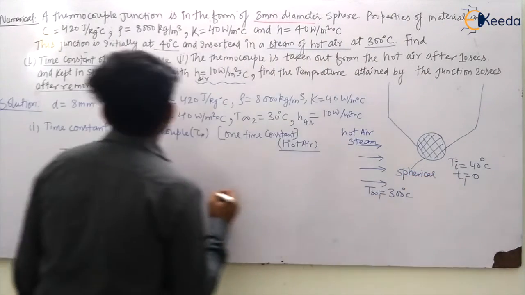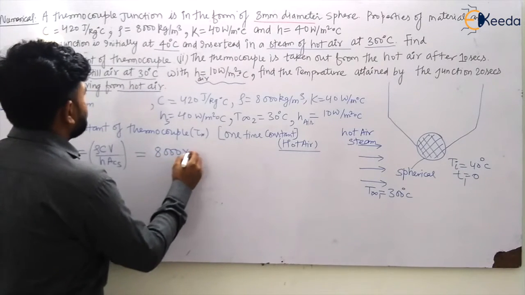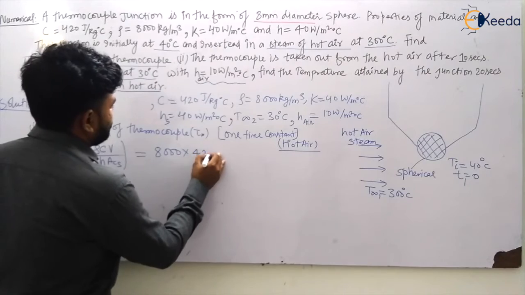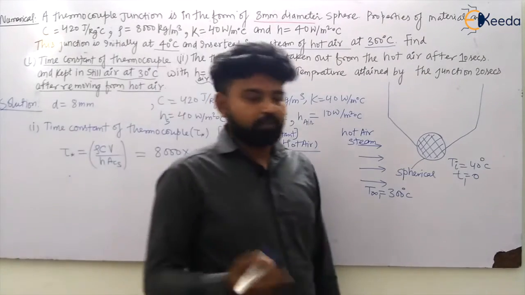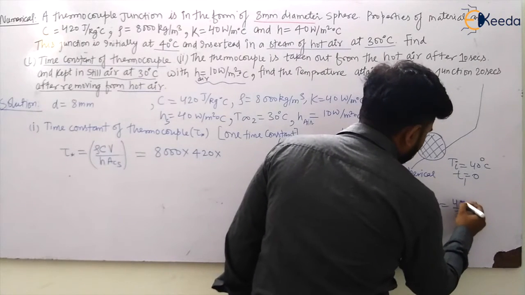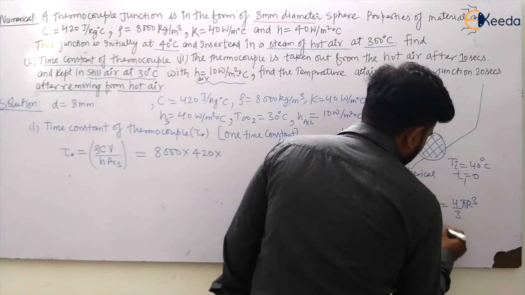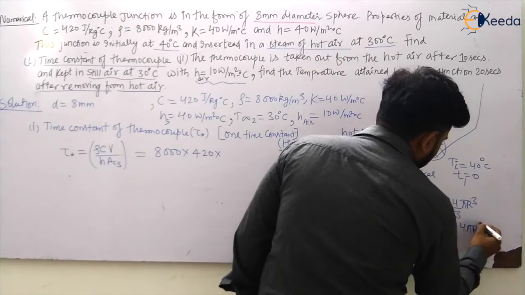The density is given to be 8000, multiplied by C, which is 420, multiplied by the volume. For the spherical case, V will be given by 4/3 pi r cube, and the area available for heat transfer is 4 pi r square.